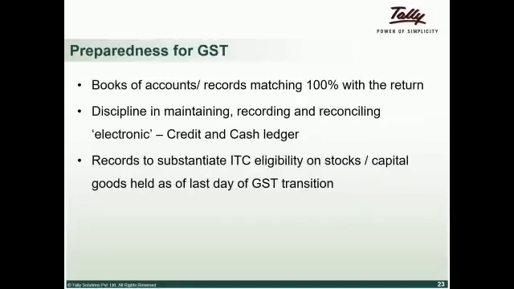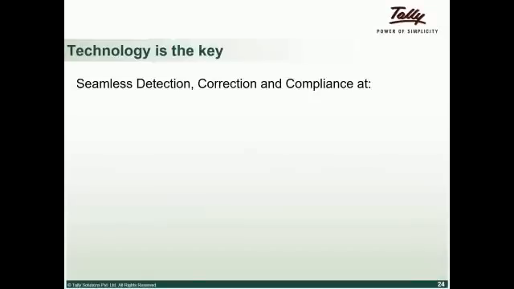Books of account and records should match 100% with the return. Then there is discipline in maintaining, recording and reconciling, especially the electronic credit and cash ledger available on the GSTN. We were talking about the input tax credit: whatever record has been maintained should be substantiated if required by the department, for clarity on the input tax credit eligibility that you are claiming.